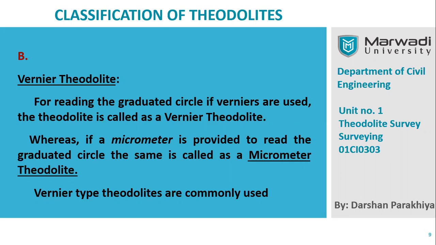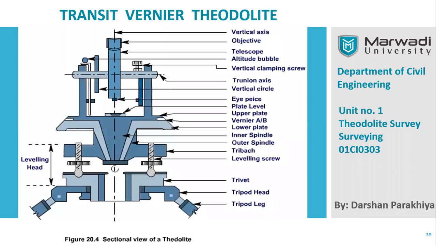These are the types of theodolite used for practical work. Mainly you can see the vernier type of theodolite. Then these are the components; this is the section view of the theodolite.